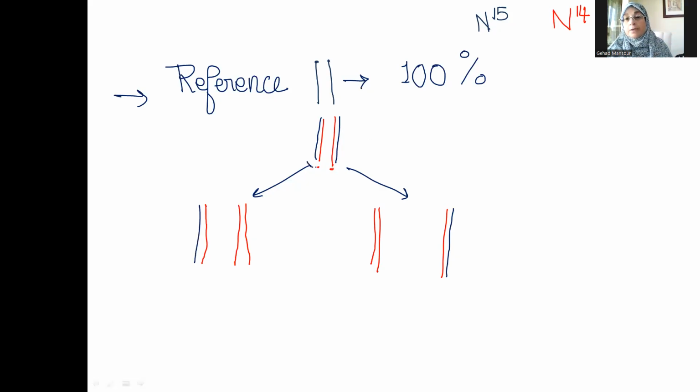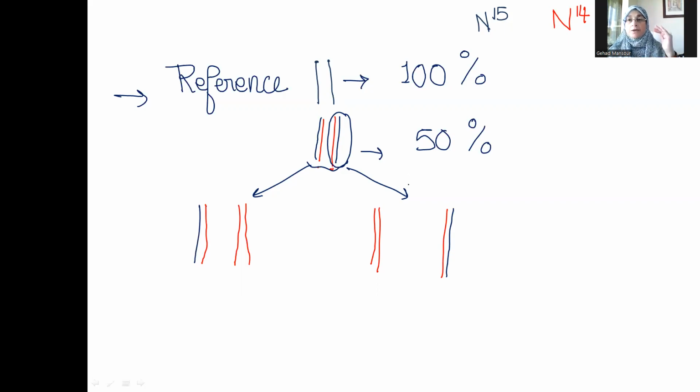Why? Because we will have two molecules, that's true, but the density of every molecule is half that of the original molecule, because you have one strand of the nitrogen 15 and one strand of the nitrogen 14. So you will have 50% nitrogen 15 and 50% nitrogen 14.